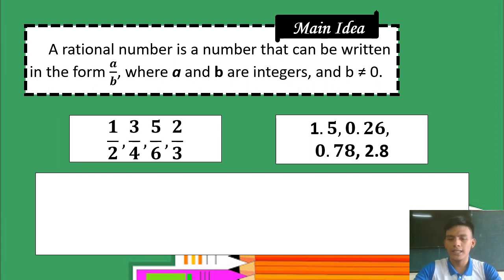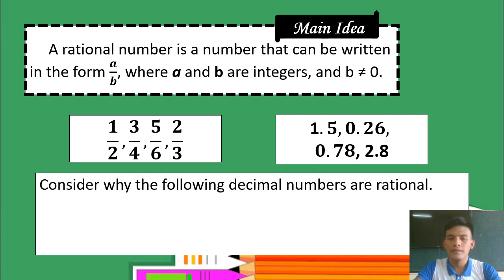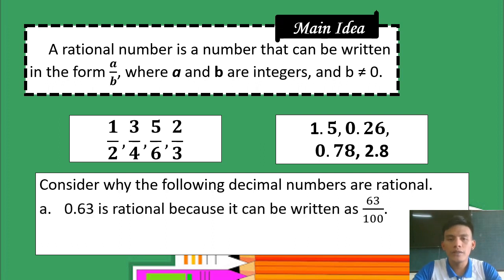Is a decimal number a rational number? We will see if a decimal number is a rational number. Consider why the following decimal numbers are rational. Example: 0.63. 0.63 is rational because it can be written as 63 over 100. When you divide 63 by 100, the result is 0.63.